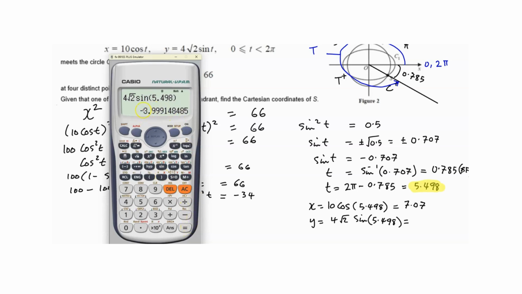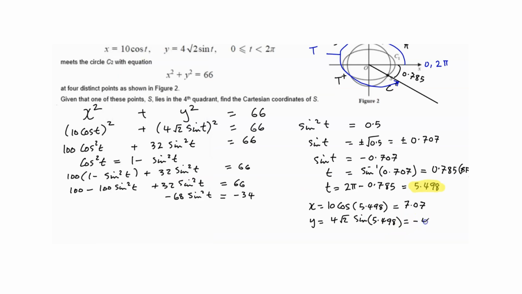And to three significant figures, then we have minus 4.00. Therefore, the coordinate of S would be the x value, which is 7.07, and the y value is minus 4.00.